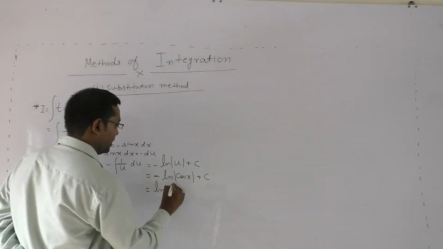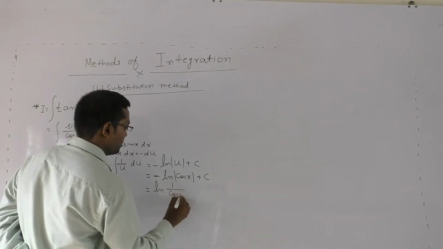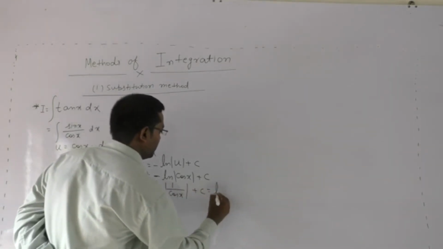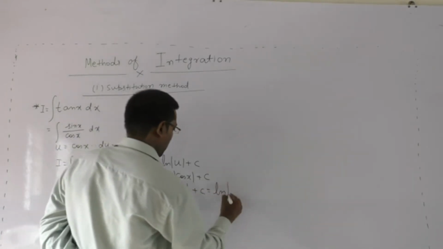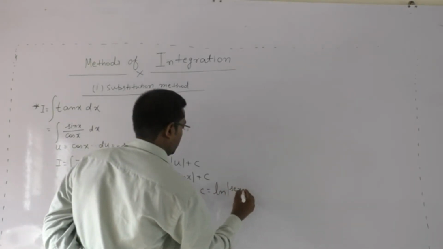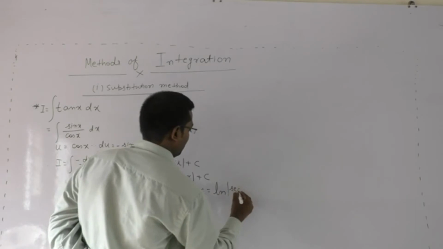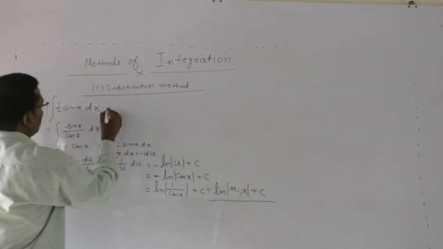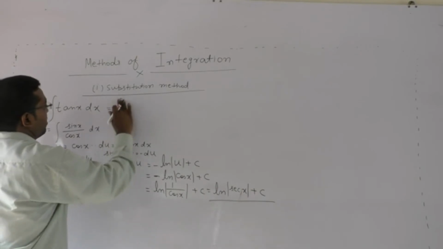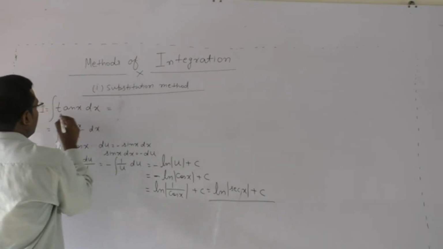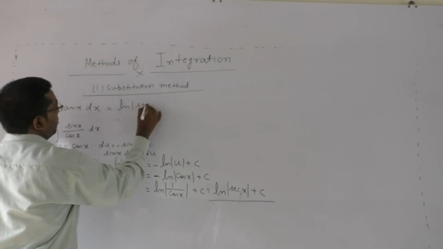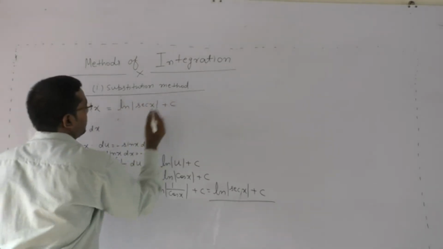We will get ln mod 1 by cos x plus c, and ultimately we will get ln mod sec x plus c. So this is the integration of tan x. We should remember it also. Integration of tan x equals to log mod sec x plus c.